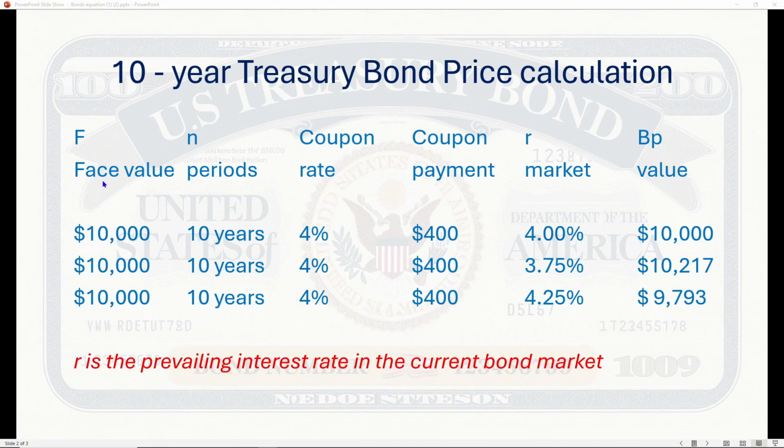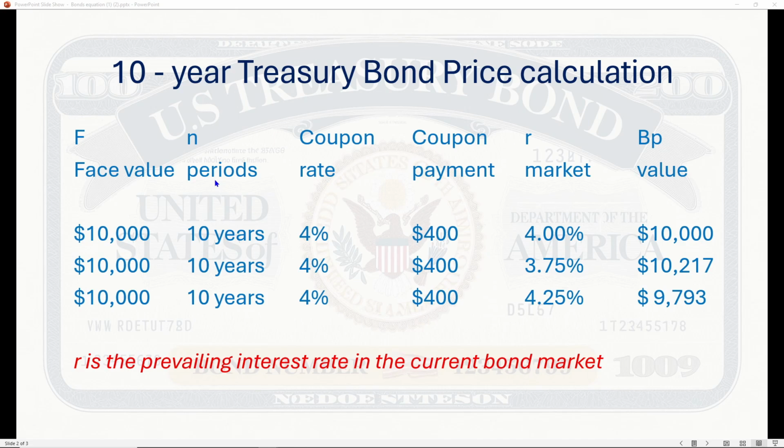Across the top of this table, we have illustrated the main components of the bond price calculation. F is the face value of the bond when the bond is issued, and it is the amount to be paid to the investor upon the maturity date. N is the number of periods that interest will be paid until the maturity date.